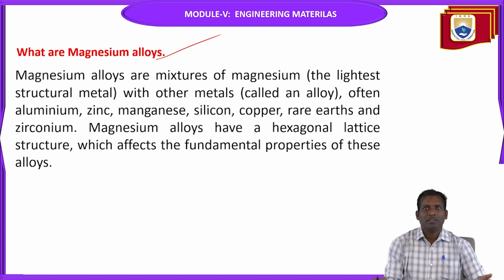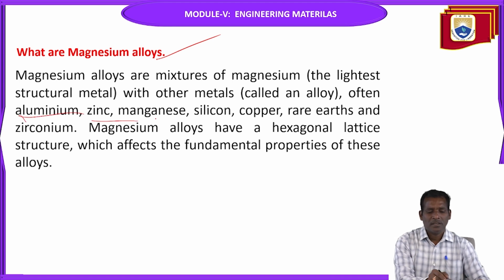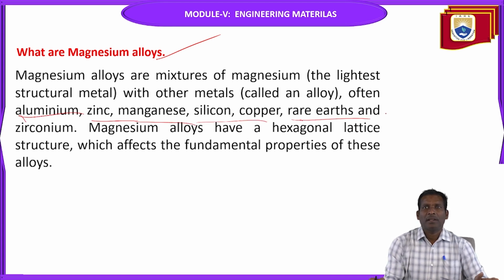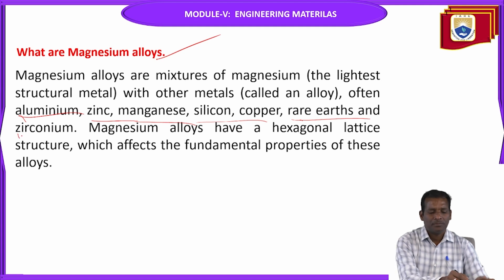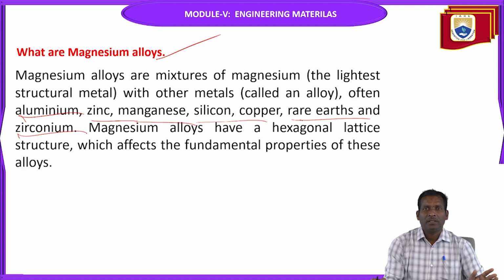These alloys are mixtures of magnesium, the lightest structural metal, with other metals, often aluminum, zinc, manganese, silicon, copper, rare earths, and zirconium. The magnesium alloys have a hexagonal lattice structure, which affects the fundamental properties of these alloys.